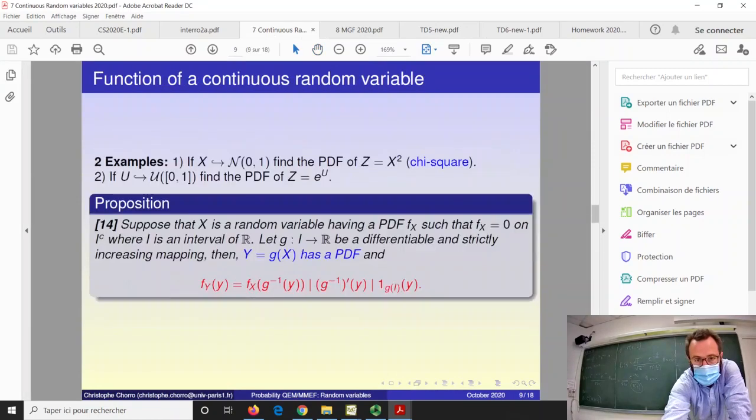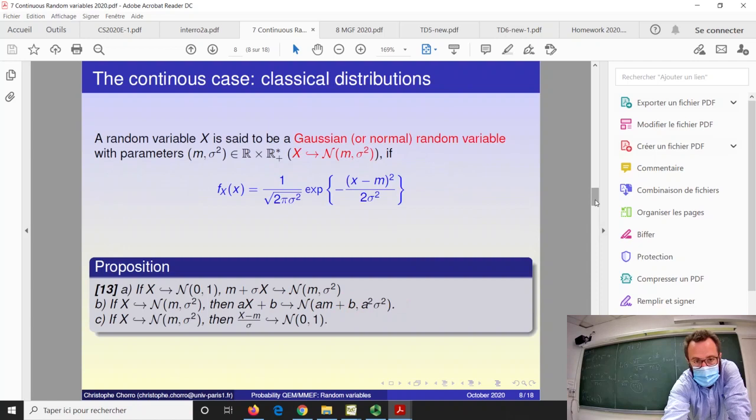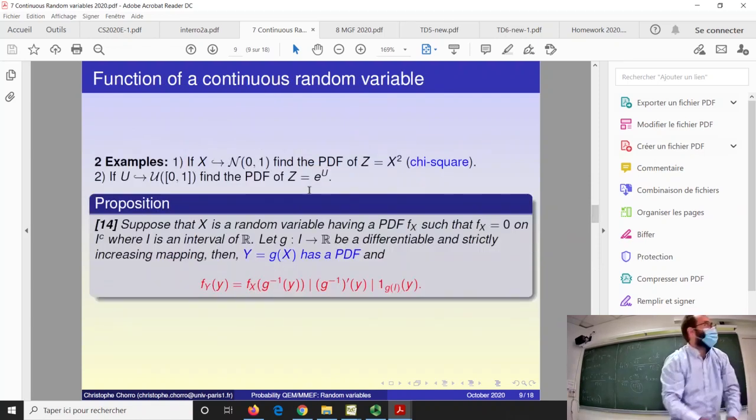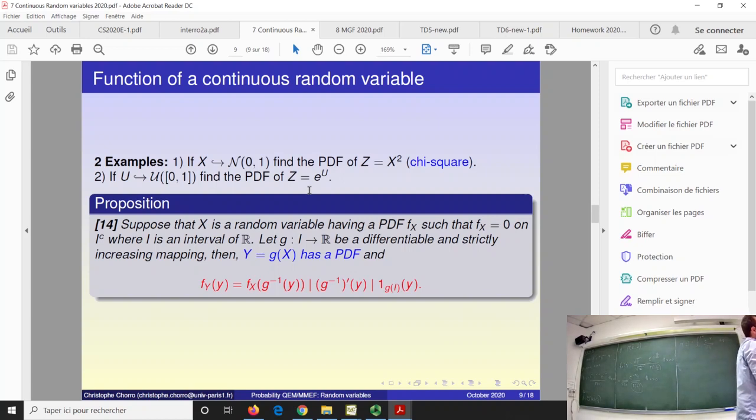It was this one here. Yes, it was typically just after this, the two examples here. We have done the job. And what is the tool we have used here?